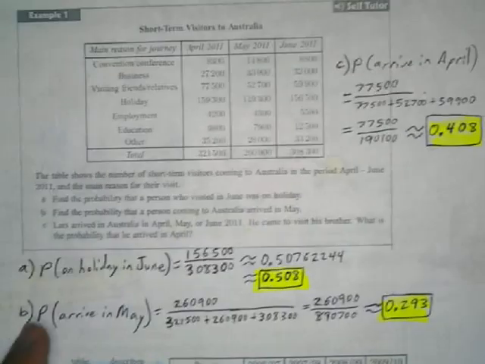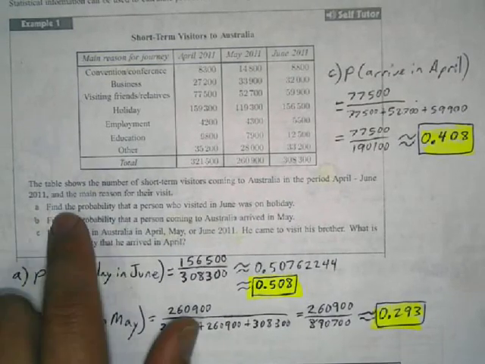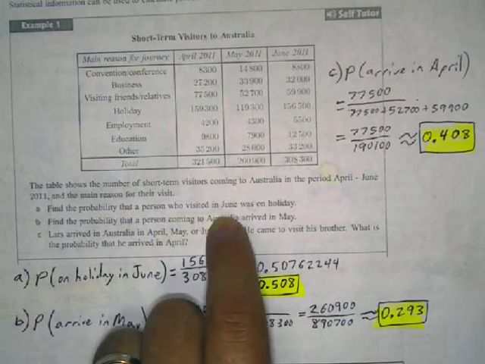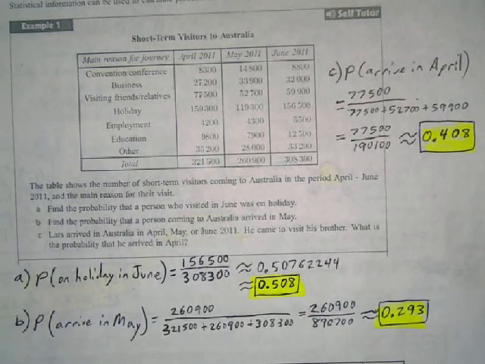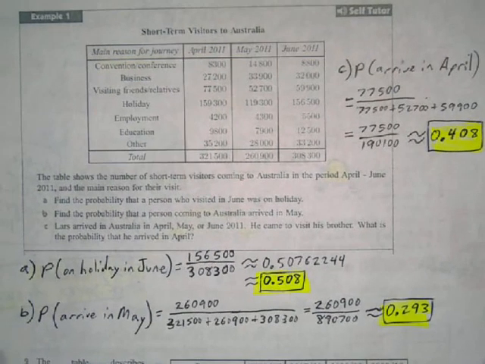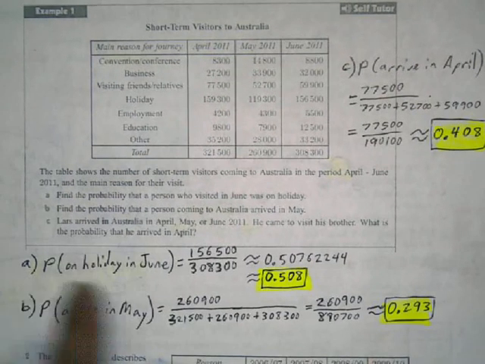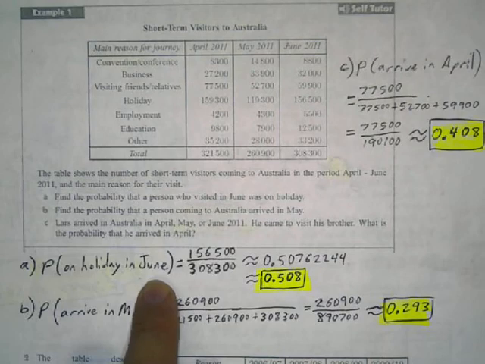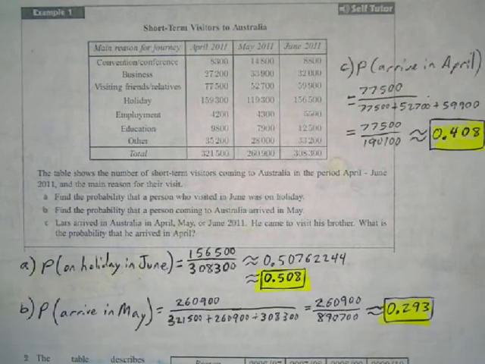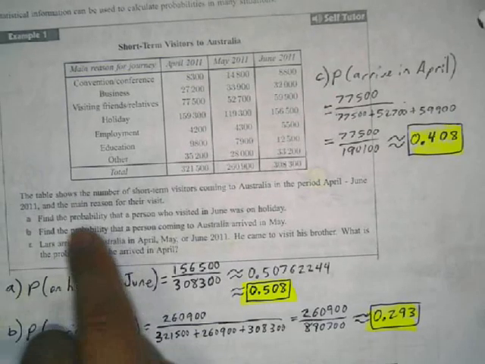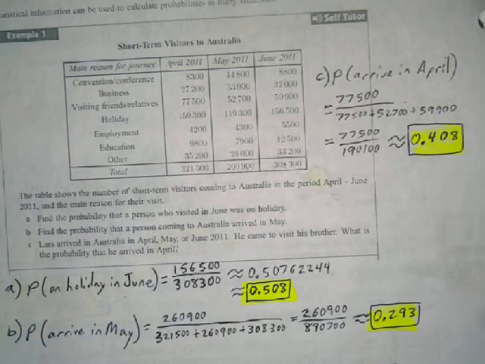Okay. Find the probability that a person who visits in June was on a holiday. You may want to hit pause and read this if you need extra time. So for this question, the first thing I did was calculate: visiting in June, and it was a holiday.